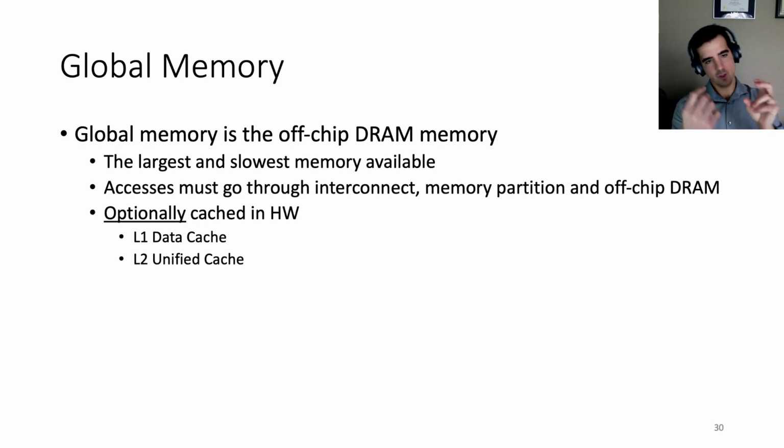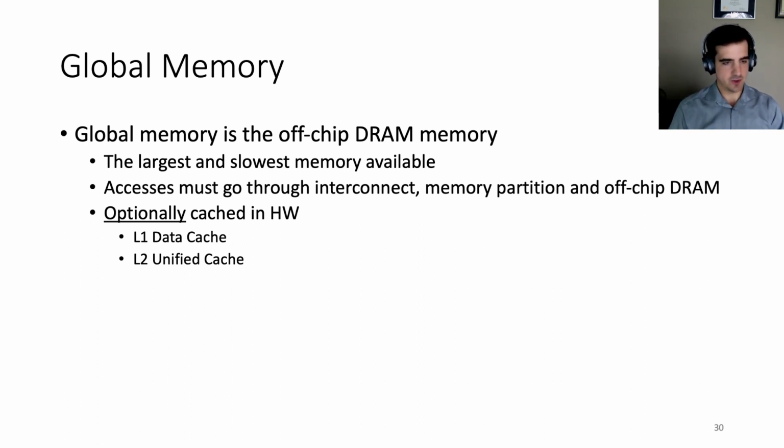You take the request from the core and it goes through the interconnect to the memory controller, or memory partition, as we're calling it here in these slides. Then the memory partition will figure out how to access the off-chip DRAM. There'll be multiple channels, and all of those channels are modeled in the simulator as well. So you go through the interconnect, through the memory partition, and then all the way to the off-chip DRAM.